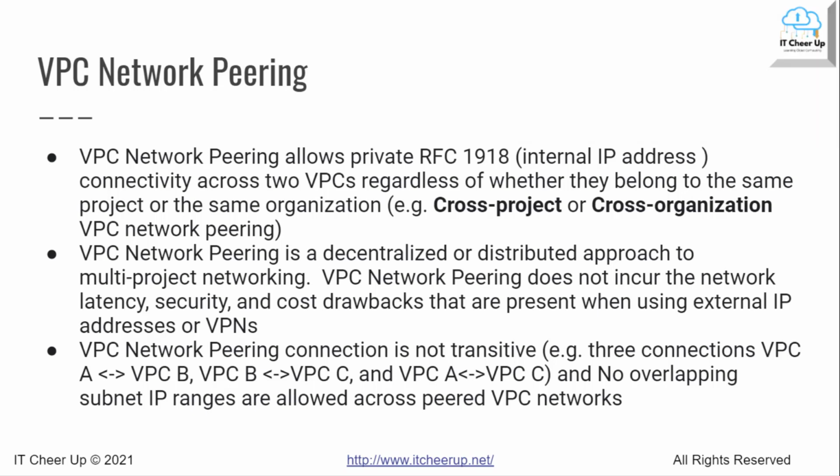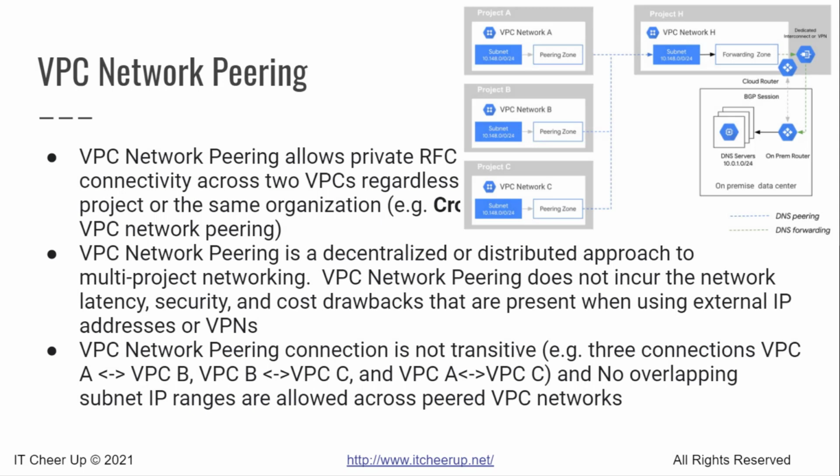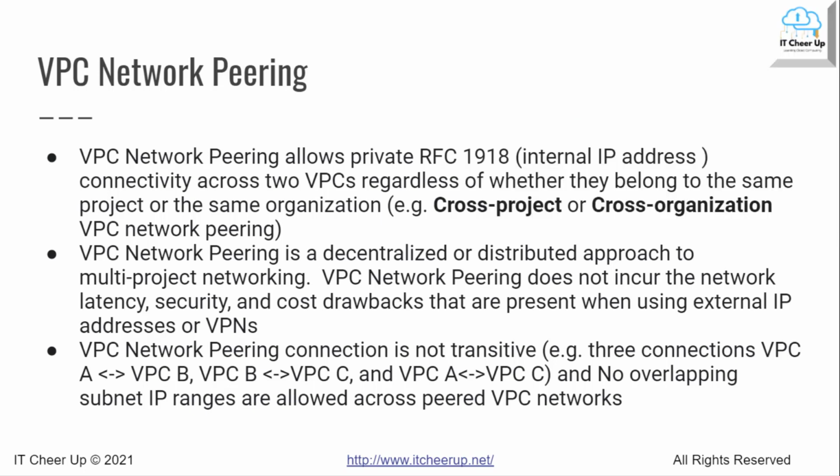It is a decentralized or distributed approach to multi-project networking. It does not incur the network latency, security, and cost drawbacks that are present when using external IP addresses or VPNs. VPC network peering connection is not transitive.